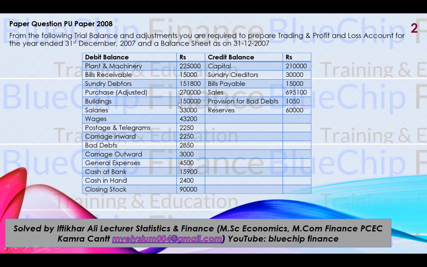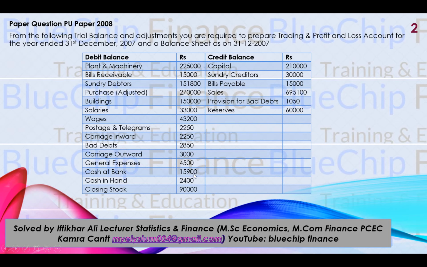Building is your asset, salaries is your indirect expenditure, wages is your direct expenditure, postages and telegrams is your indirect expenditure, carriage inward is your direct expenditure, bad debt is your indirect expenditure, carriage outward is your indirect expenditure, general expenses is your indirect expenditure, cash at bank, cash in hand, closing stock.